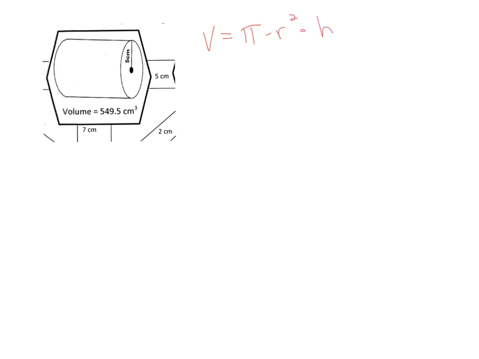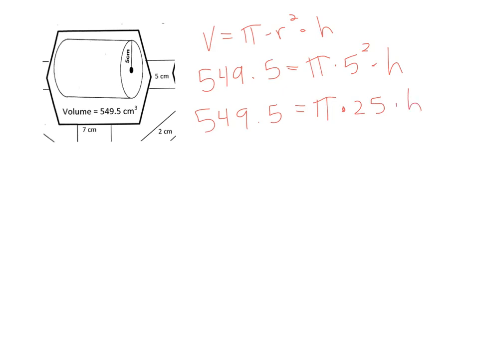We're going to plug in the information that we know. 549.5 is equal to pi times the radius, which is 5 squared, times the height. 549.5 is equal to pi times 5 squared is 25 times height.